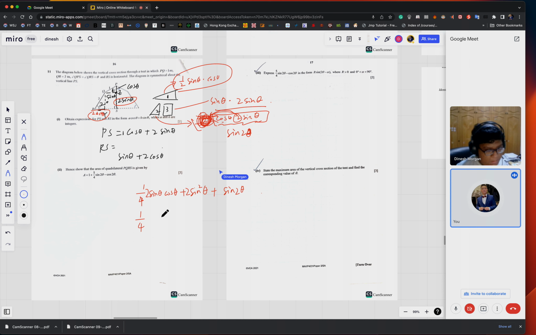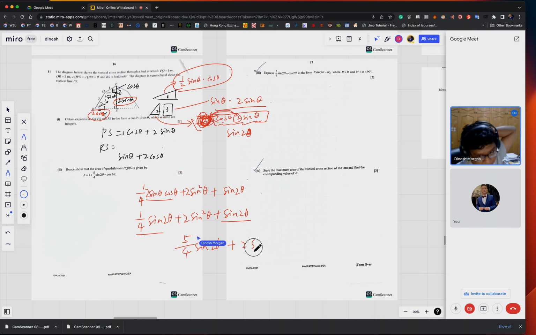Can you see the 1/4? And can you see you have a sine 2 theta here also? So this one and this one, you will get 5 over 4 sine 2 theta, right? Plus the 2 sine squared theta.